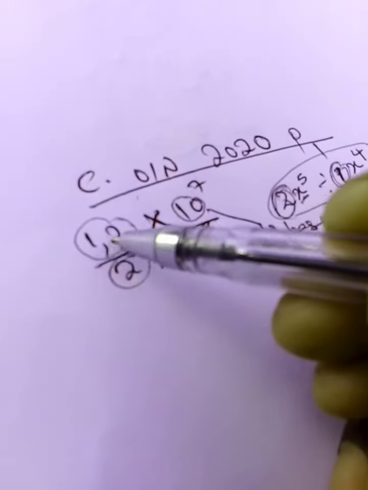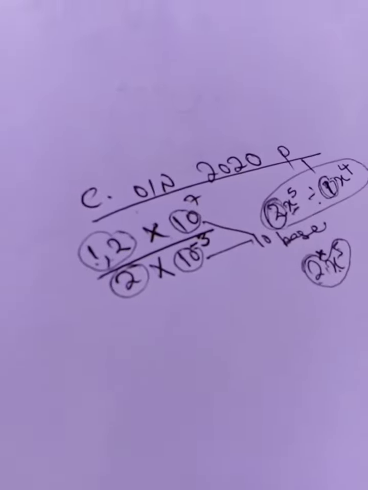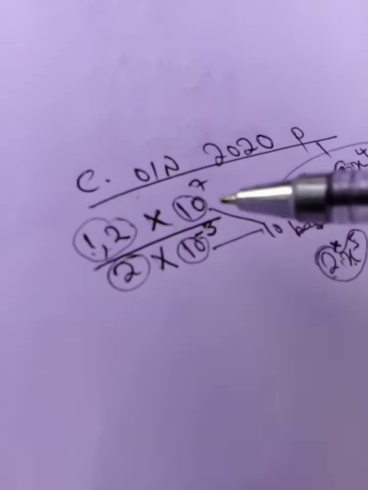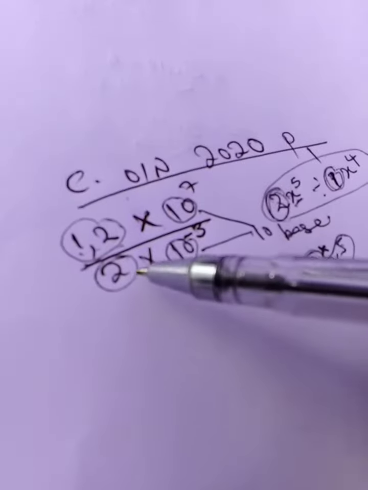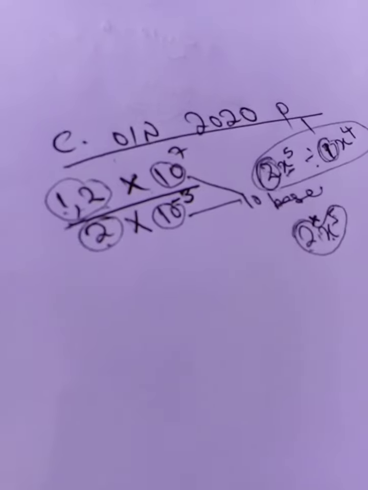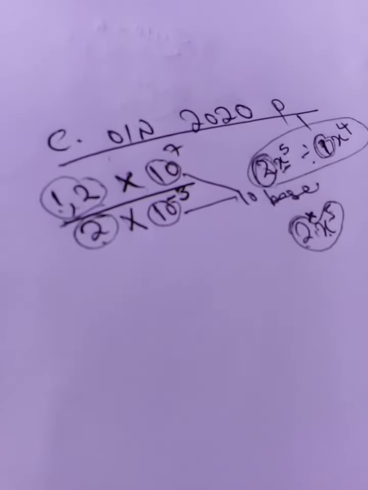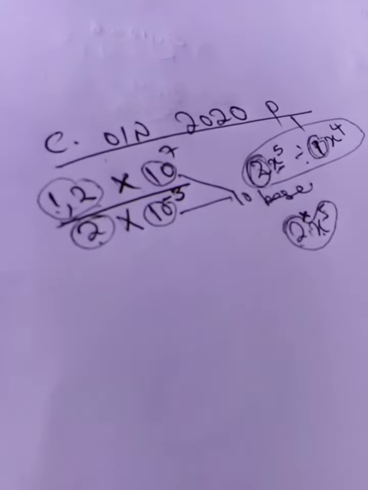So here it is the same, 1.2 times 10 to the power 7. Our base here is 10. Then the number in front of our base, we have 1.2, and we have a 2. Like what we said earlier, when we are having numbers in front of our bases, we must divide those numbers as usual before doing anything.